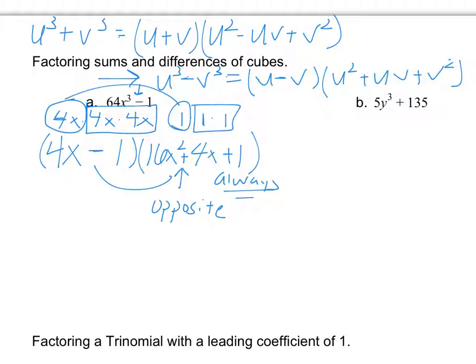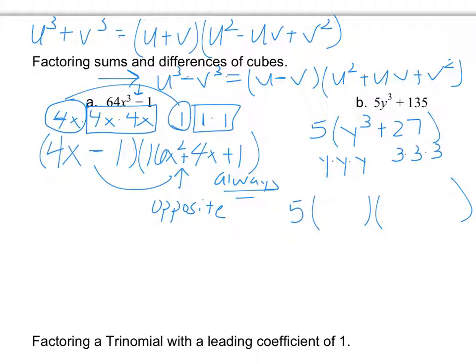Okay? Now when I look at B, I notice that I have a 5 in common for each of these. So I'm going to take that 5 out. And when I do that, I end up with 5 times y to the third plus 27. Y to the third, of course, is y times y times y. And 27 is 3 times 3 times 3. So we're going to keep our 5 in the front, and we're going to set up our two parentheses.